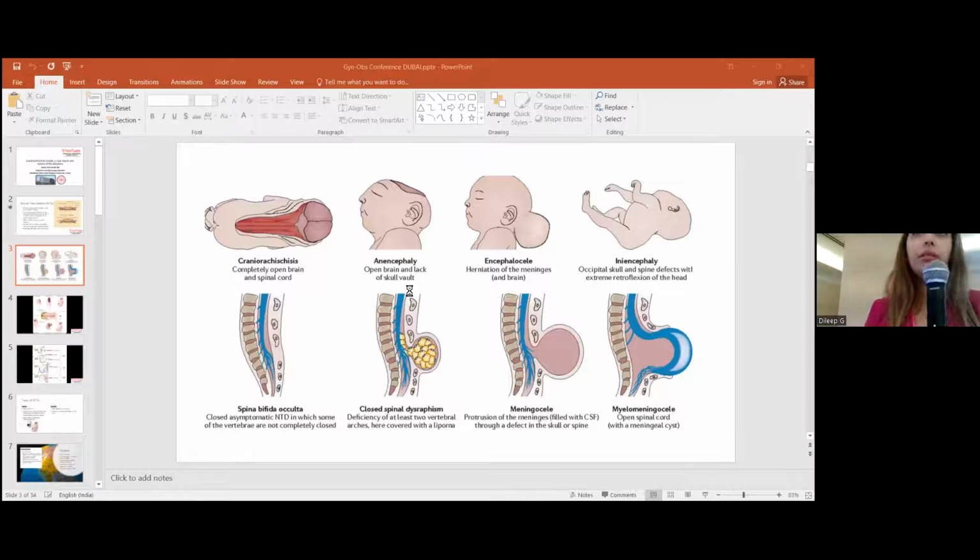Yes, and the incidence is actually different around the world. We have some data according to research. Actually, it is almost 1 in 1,000, I can say, but it is higher in the Ireland and Wales region. And in Turkey, it is almost 3 per 1,000 deliveries. But it depends; there are some factors affecting it.